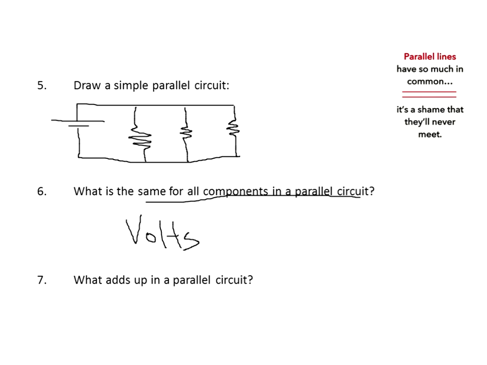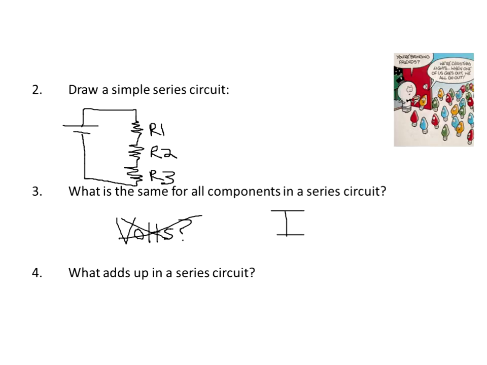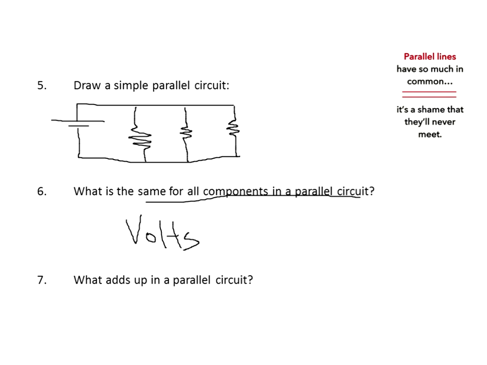Now, in a series circuit, the current was the same. And what added up in a series circuit? Well, the voltage did, but look over here. The voltage is the same here, so what do you think adds up in a parallel circuit? Well, it's the current. The current of the individual components. The current in here, the current in here, and the current in here will all add up to this total current right here.